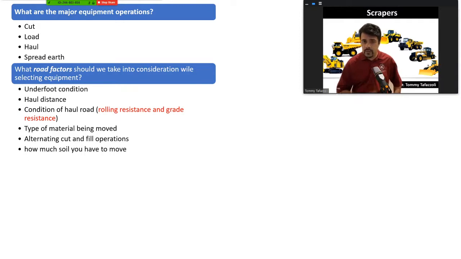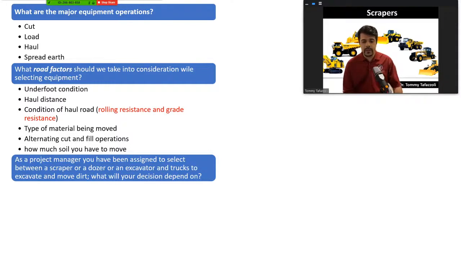So this is just one example. Or alternating cut and fill operations means what percentages of cuts and fills you have, and how far they are from one another, how much soil you have to move. So the capacity, the job size, also identifies the type of machine that would be advisable.